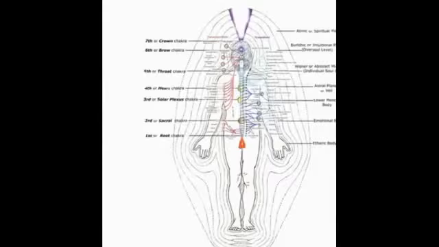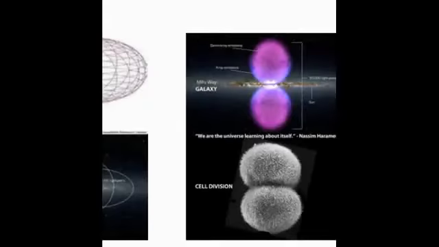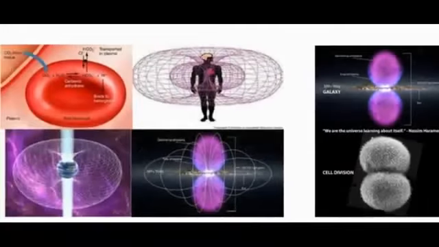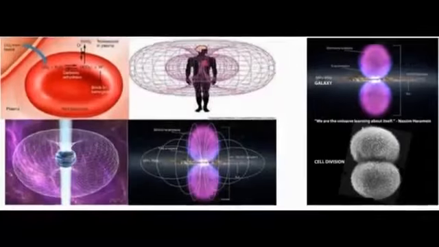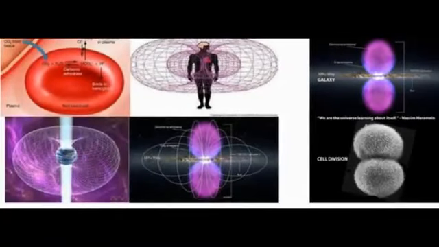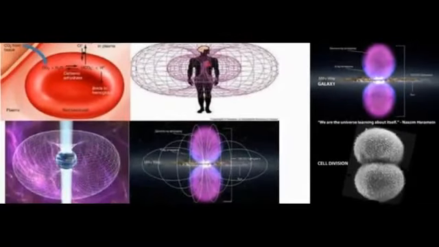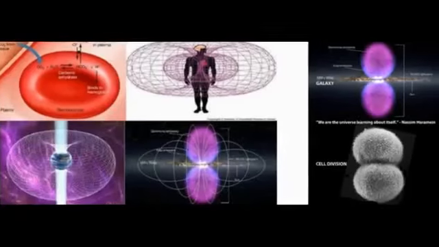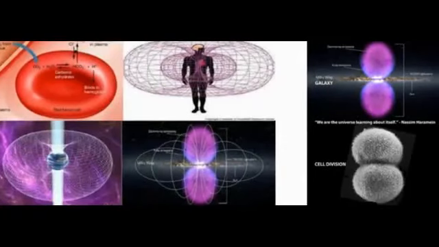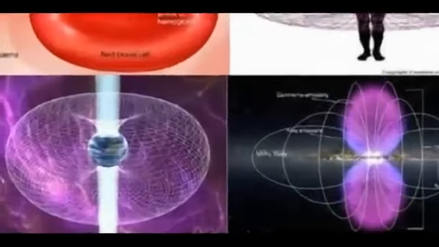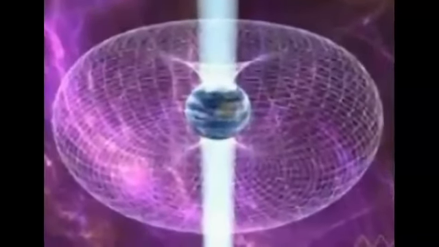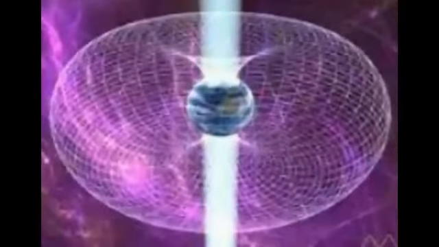The next slide is again a representation and repetitive model of the toroid system of the Earth, of the galaxy, of the erythrocyte, of our human body, and how that torus starts to divide when giving birth to a new being.